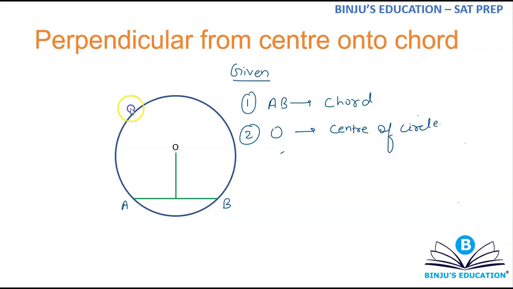Okay. Now there are two ways of understanding this. First way is, AB is a chord and O is center of the circle.